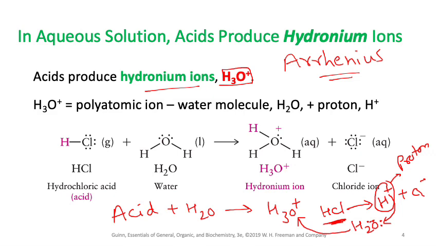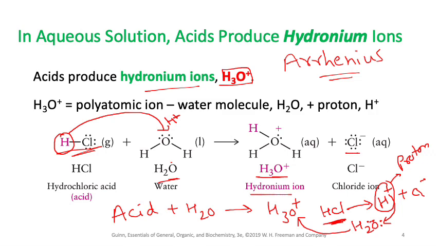Let's take an example again. This is hydrochloric acid. You have water here, and what's going to happen during the reaction? The hydrogen from the hydrochloric acid is going to go on the oxygen. Basically hydrogen is your proton, H+. Once we're done, you're going to get the H3O+ ion, which we call a hydronium ion, and then you're going to get Cl-.